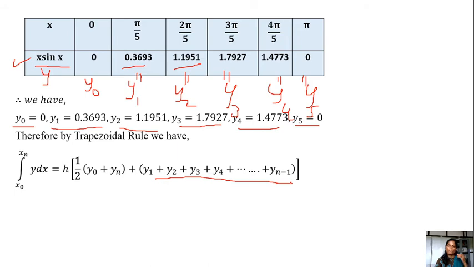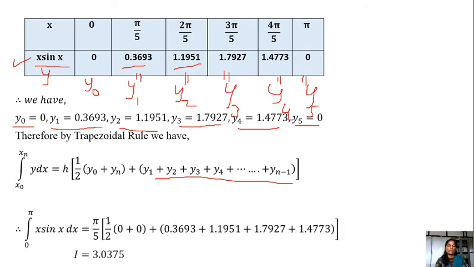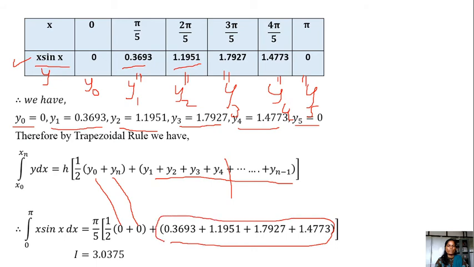Now we have values only up to y5, so n is 5. h is the interval of differencing, so this is pi by 5, into 1 by 2. The initial value y0 is 0 here, yn is again 0. Now add y1, y2, y3 up to y4, because the last term is included here, and we have to add all these terms and simplify.